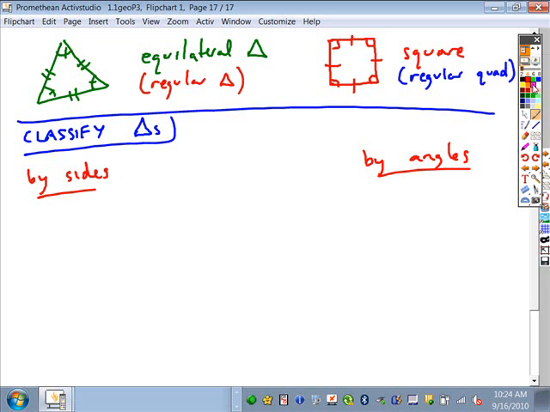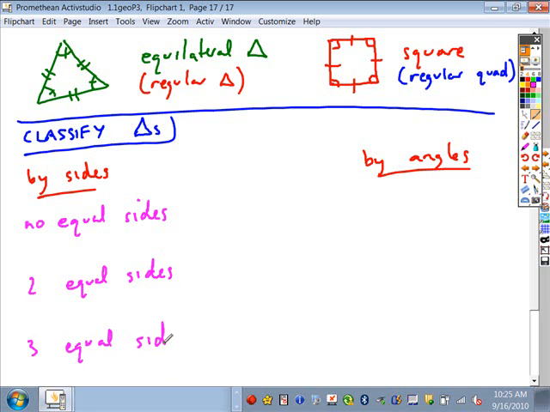When you look to classify by sides, you're either looking at no equal sides, 2 equal sides, or all 3 equal sides. If you have a triangle with no equal sides, that triangle is called scalene.